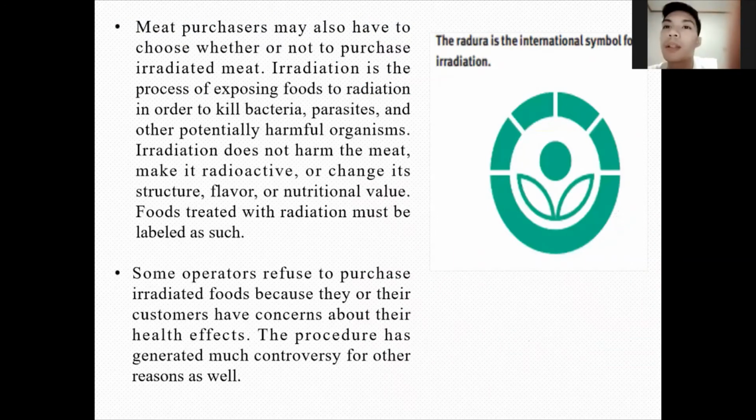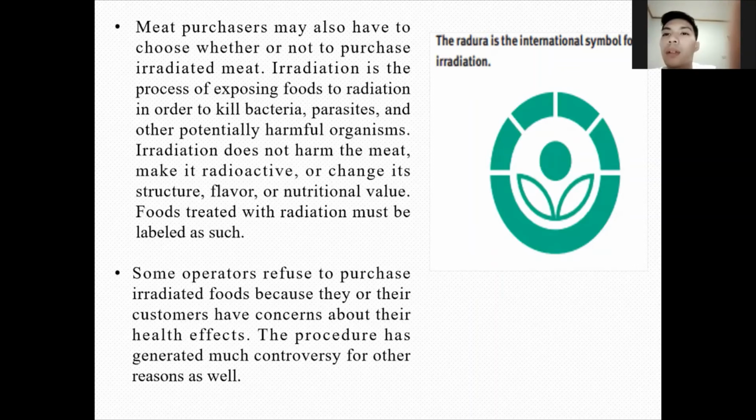Next, meat purchasers may also have to choose whether or not to purchase irradiated meat. Irradiation is the process of exposing foods to radiation in order to kill bacteria, parasites, and other potentially harmful organisms. Irradiation does not harm the meat, make it radioactive, or change its structure, flavor, or nutritional value.